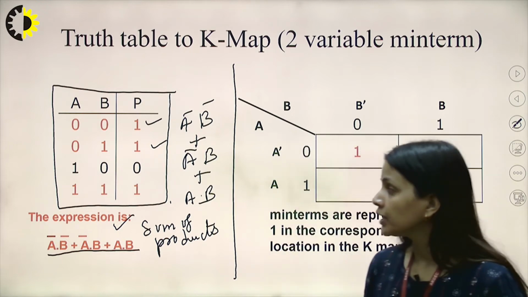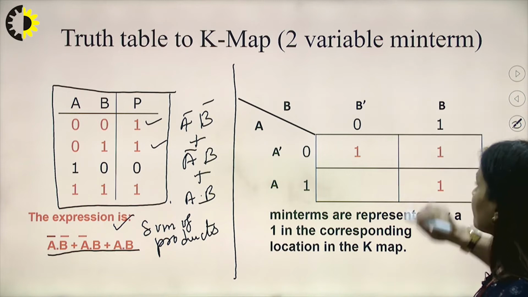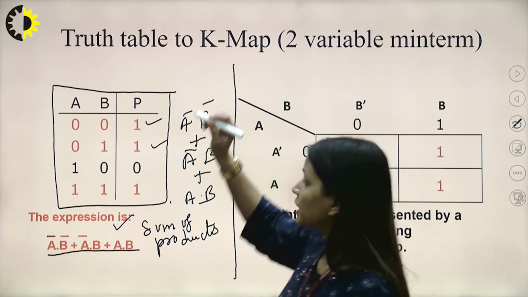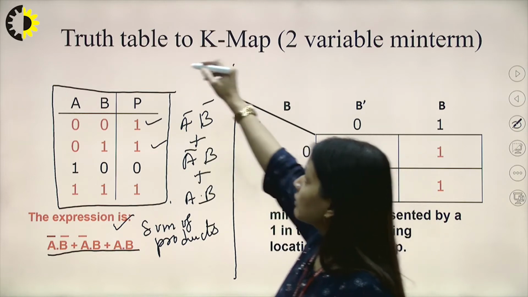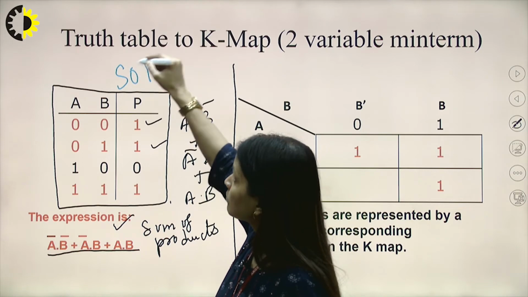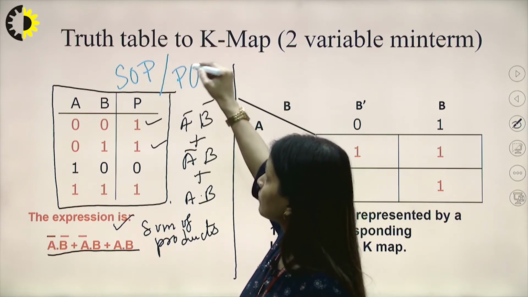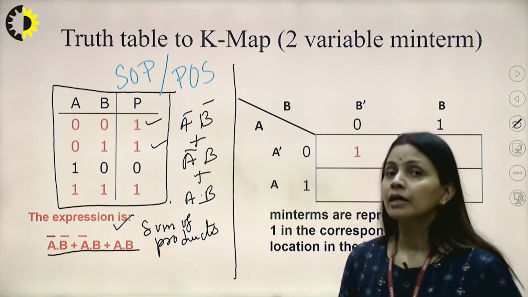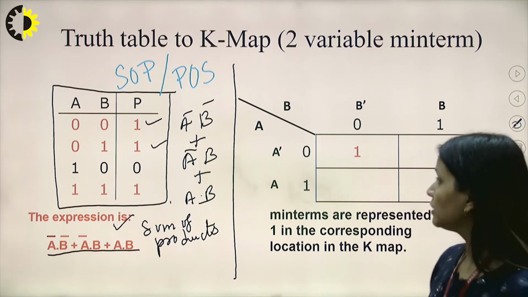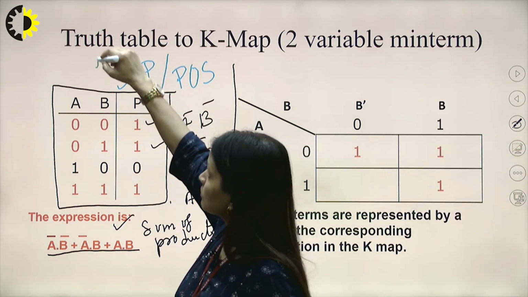So first of all, the rule says that whenever we are writing a truth table, we first decide whether I am writing for SOP form or for POS form. If I am using SOP form, then I will be using ones.